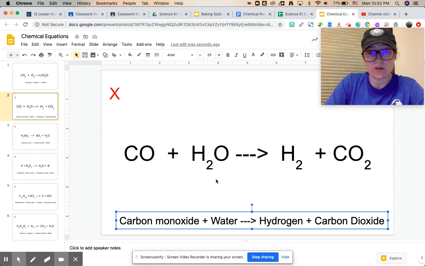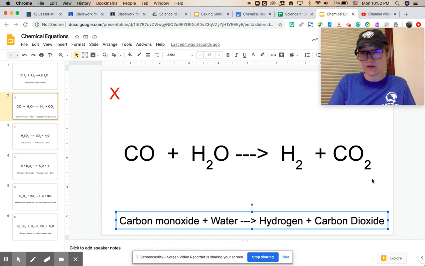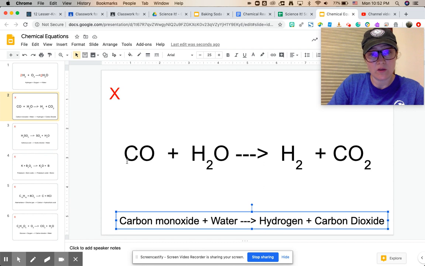I have 2 hydrogens on this side, 2 hydrogens on this side. I have 2 oxygens on this side, and I have 2 oxygens on this side. So I don't have to do anything to it. It's already balanced. So 1 mole of carbon monoxide plus 1 mole of water gives you 1 mole of hydrogen gas and 1 mole of carbon dioxide.